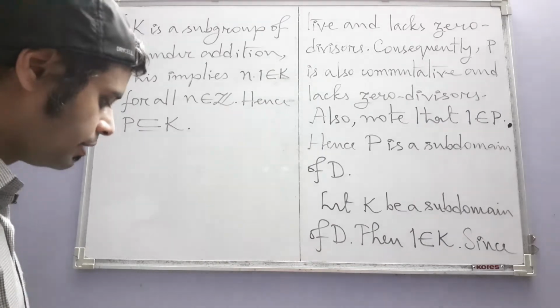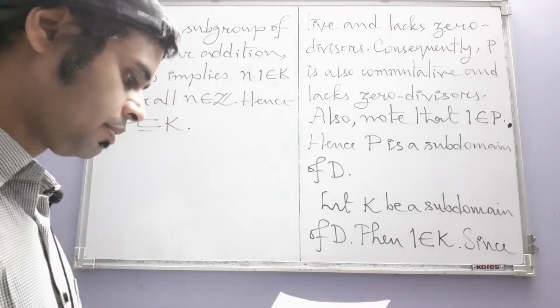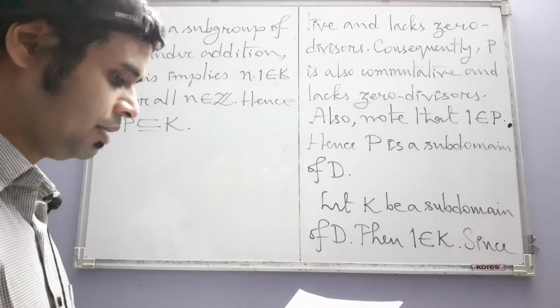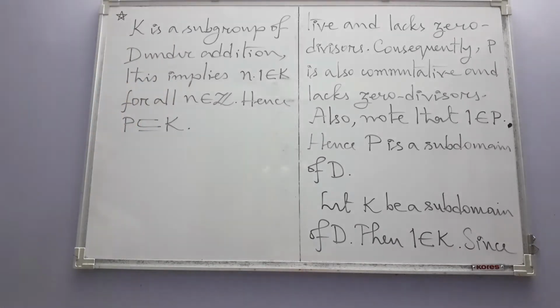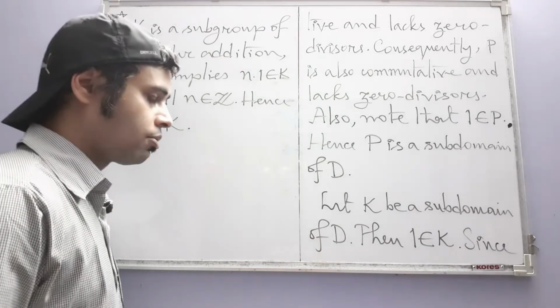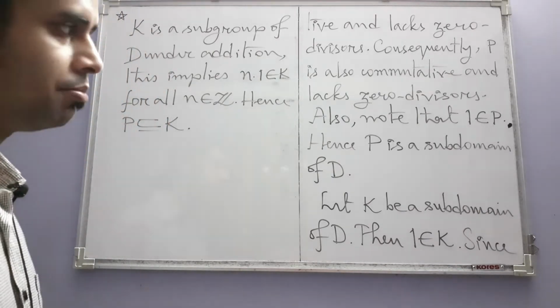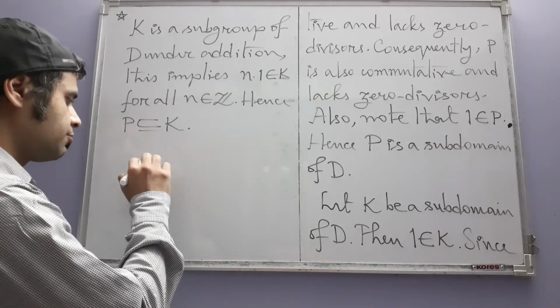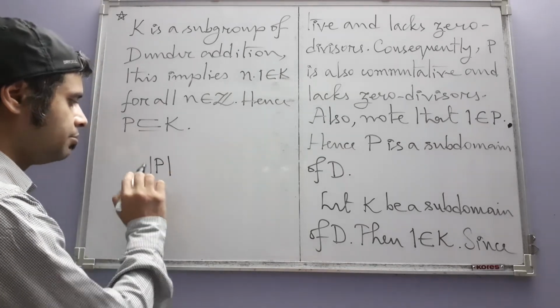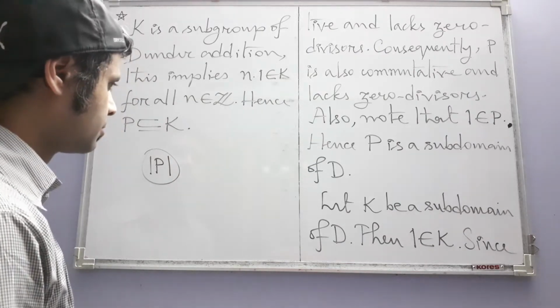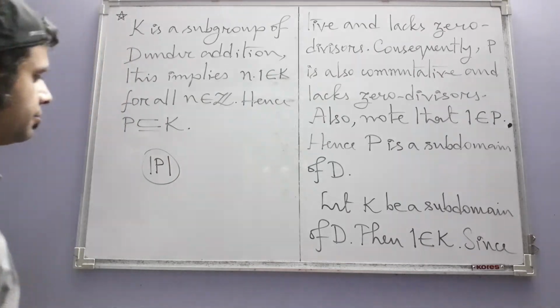And now finally, the final part asks us to say something about the order of P. What is the order of P? P is a set. The order of P is the number of elements in P. Now, do you see one thing?